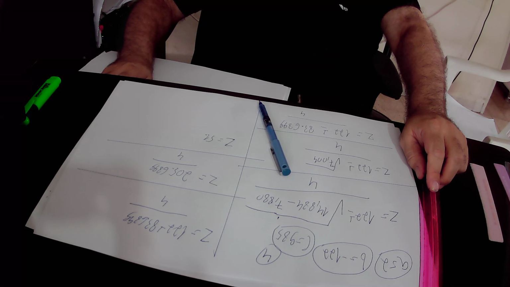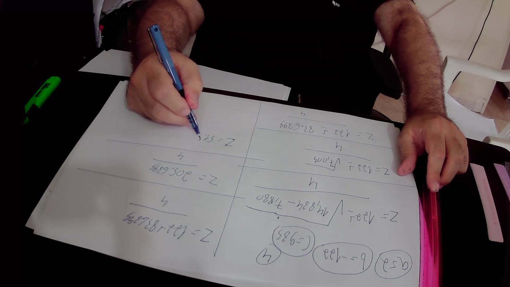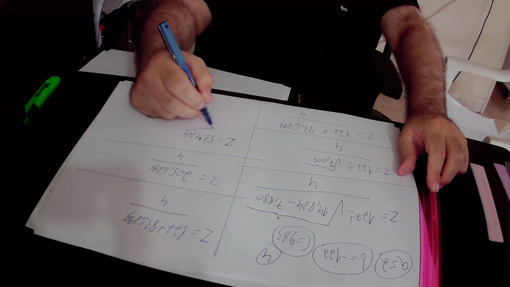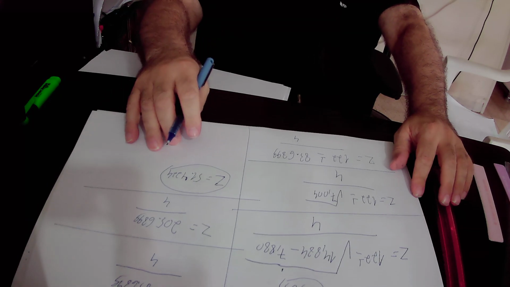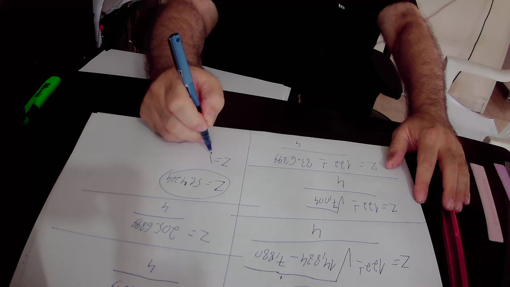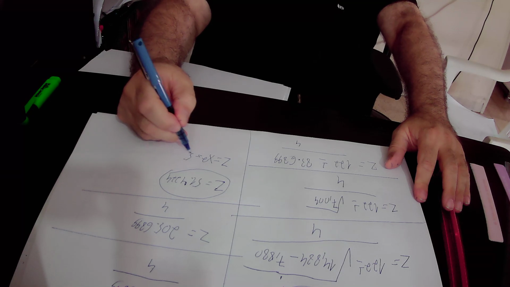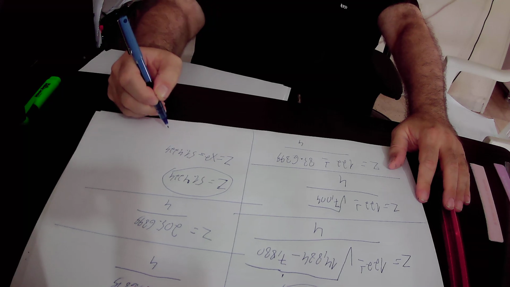205.6899 over 4 is equal to 51.4224. According to our definition, z equals x squared, that is equal to 51.4224.